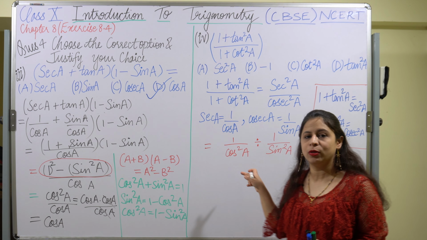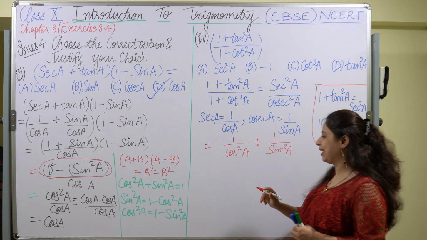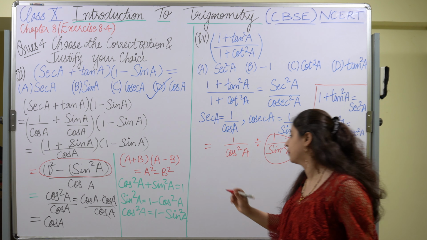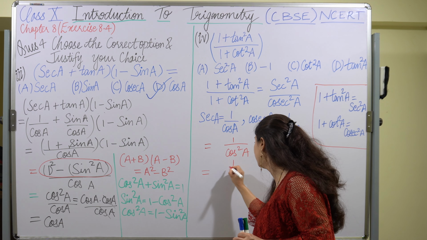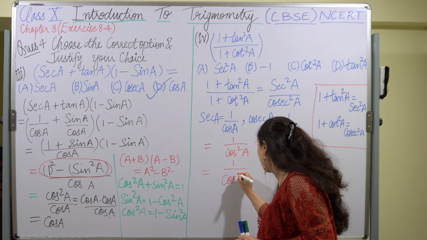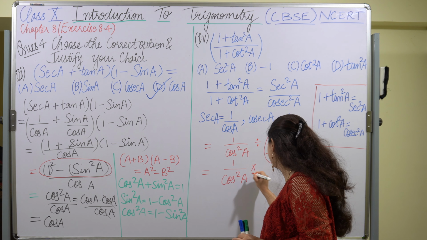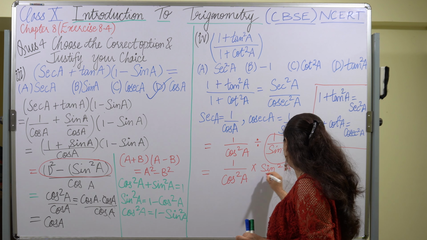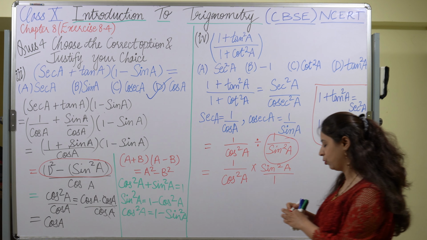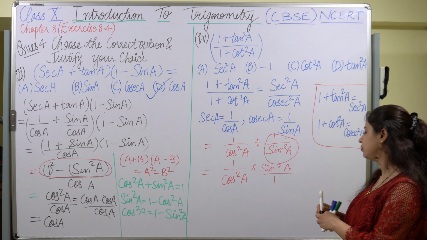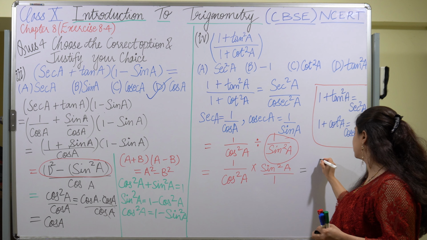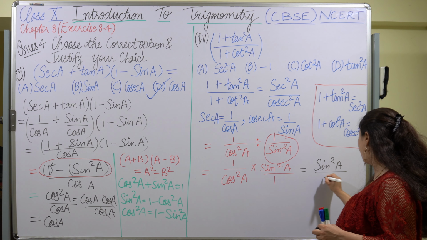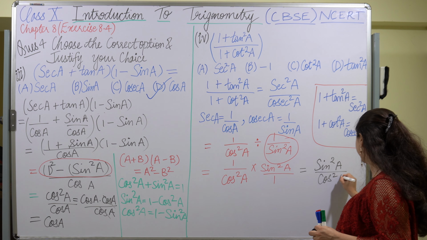When this division sign is removed, a multiplication sign will come and this part will get reciprocated. So I get 1 upon cos square A into sin square A upon 1. This forms sin square A upon cos square A.